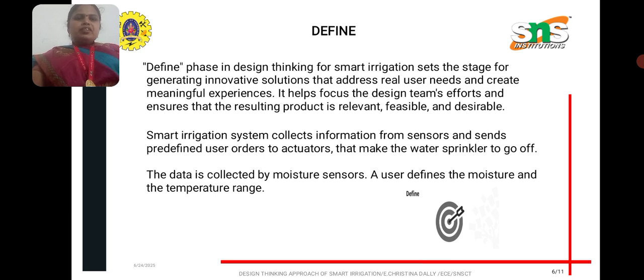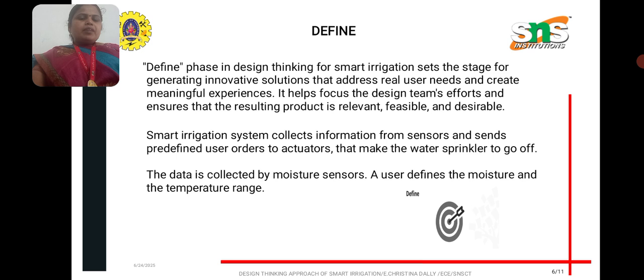Coming to the define part, as implemented in this smart irrigation, it addresses the real user needs and creates a meaningful experience. The smart irrigation system collects information from sensors and sends predefined user orders to actuators.